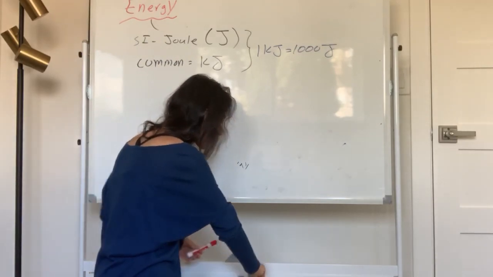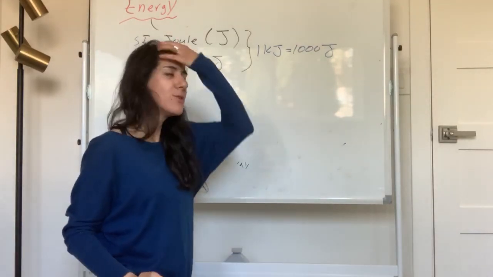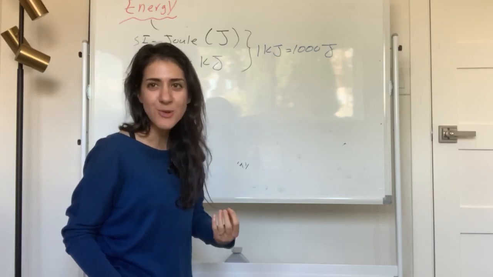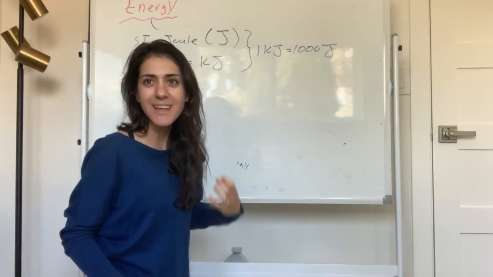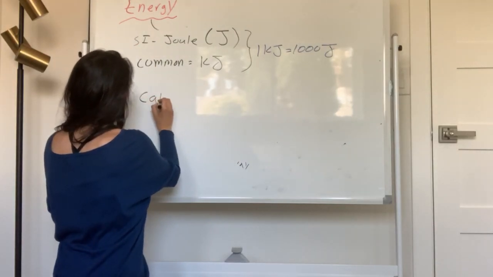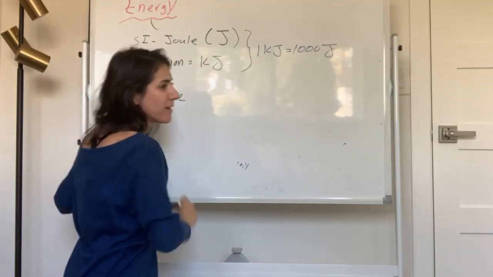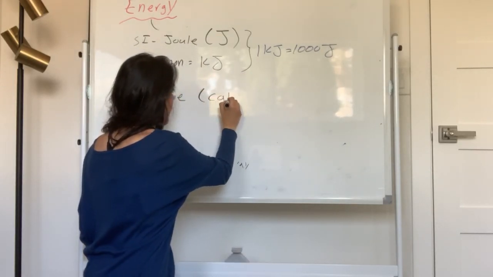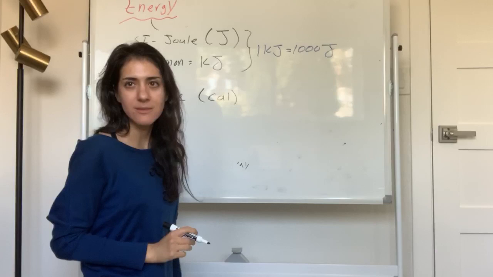But the one unit of energy that we actually are used to seeing all the time in the US is not the joule. What is it? It's the calorie. That's the one you're more familiar with. Lowercase cal is the abbreviation.